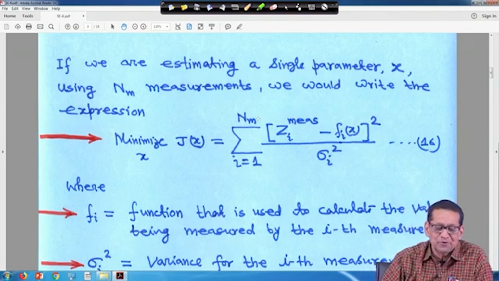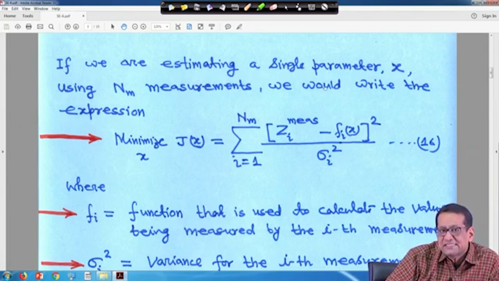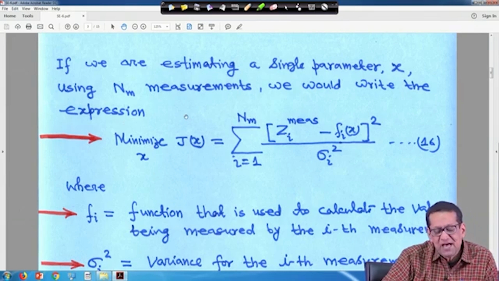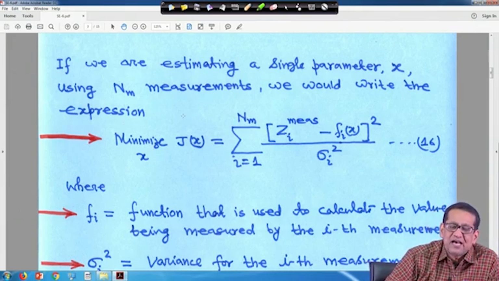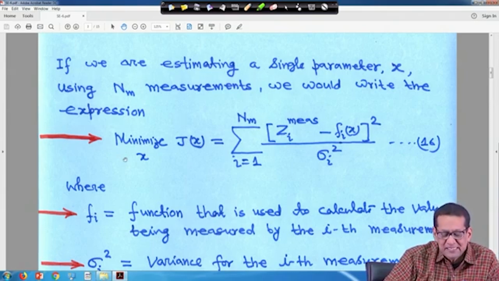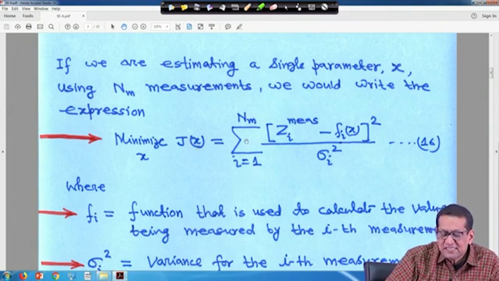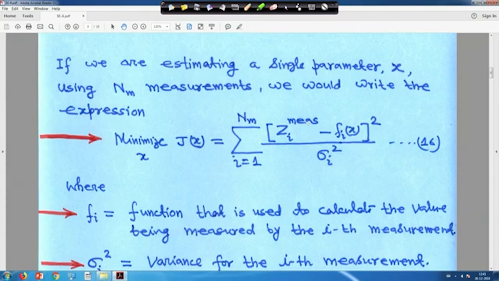In this case, if we are estimating a single parameter x using nm measurements, where m stands for measurement, we would write the expression: minimize the function J(x), the sum over i equals 1 to nm of (z i measure, the ith measured variable, minus f i(x)) whole square, divided by sigma i square, right.